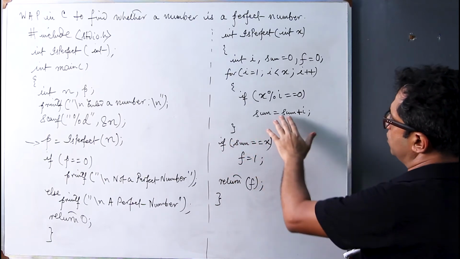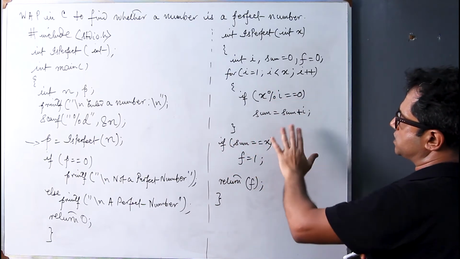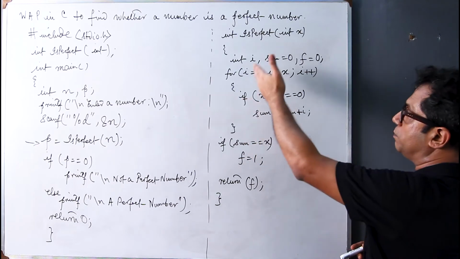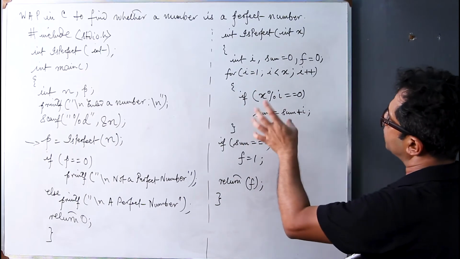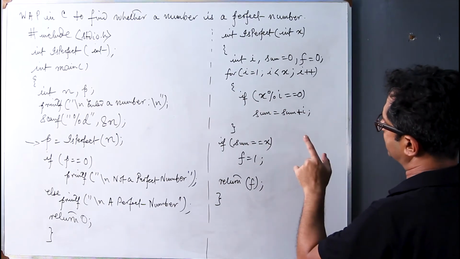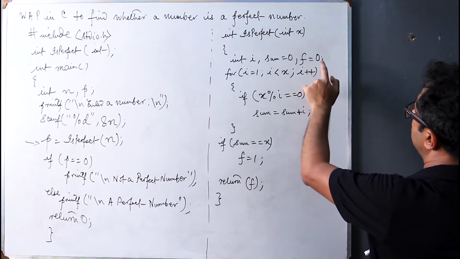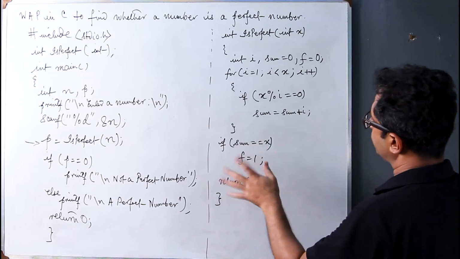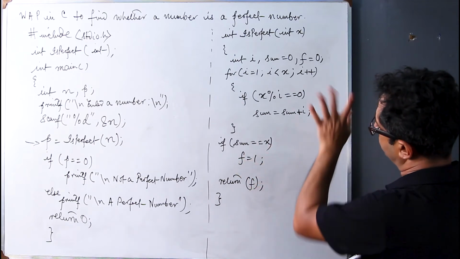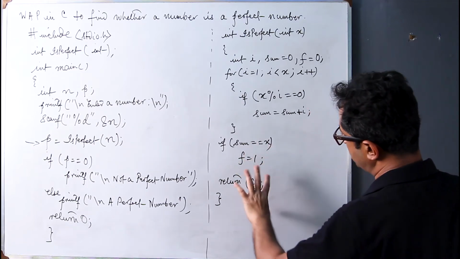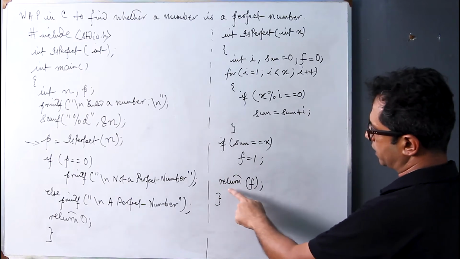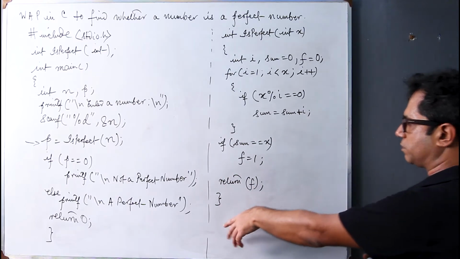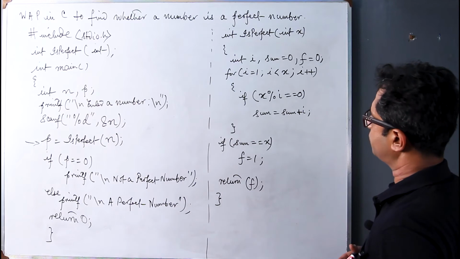If the sum which comes out of this iterative process is equal to the number itself, then the condition of the perfect number holds, so I change the value of f to 1. Otherwise, f will remain 0. Then I return the value of f in the last statement and come to the closing brace of the function definition.